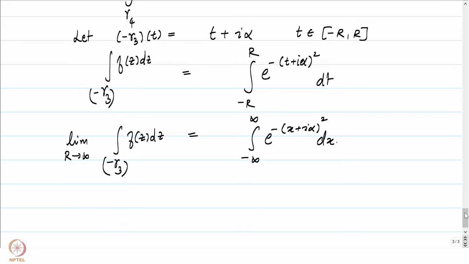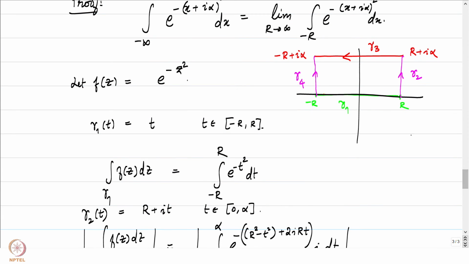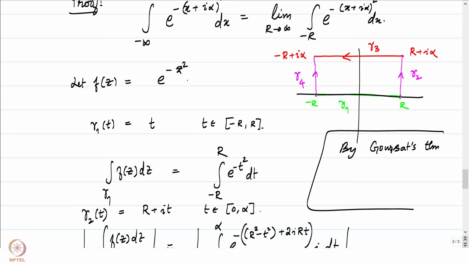Okay, now let's go up and apply Cauchy's theorem, or Cauchy-Goursat, to this particular setup. By the Cauchy-Goursat theorem, we have the integral of f over gamma 1 plus the integral of f over gamma 2 plus the integral of f over gamma 3 plus the integral of f over gamma 4 is equal to 0.